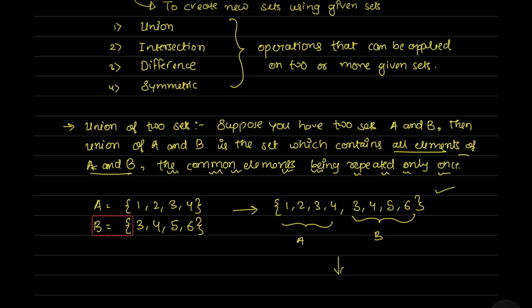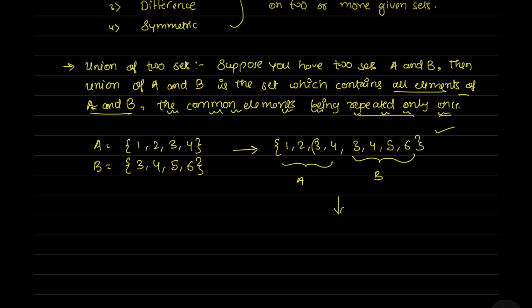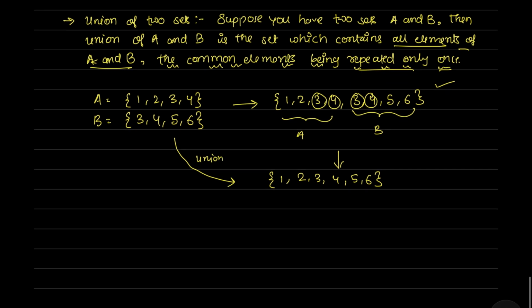Next part says the common elements should be repeated only once. So here, as you can see, 3, 4, these are repeated more than once, that is twice. So what we will do, we will just repeat them only once. So our set will become 1, 2, 3, 4, 5, 6. So this is nothing but union of A and B. Okay.